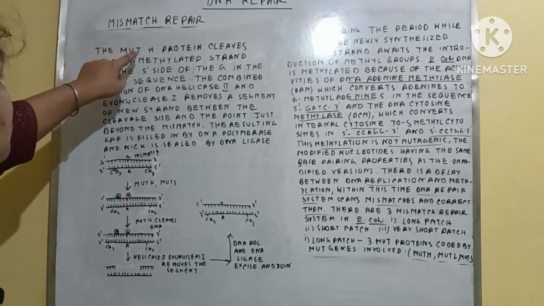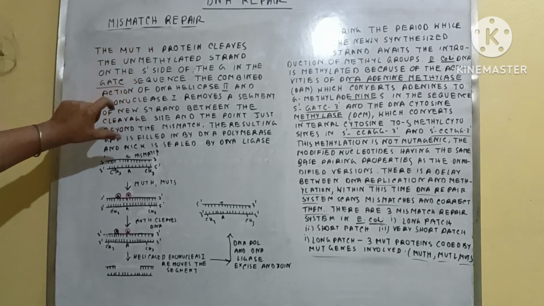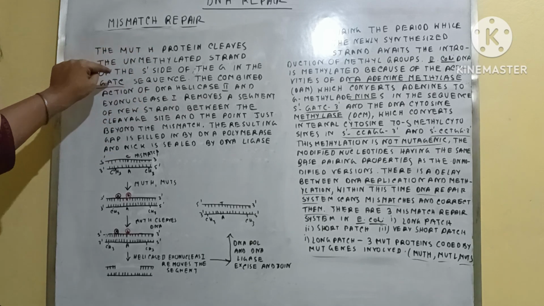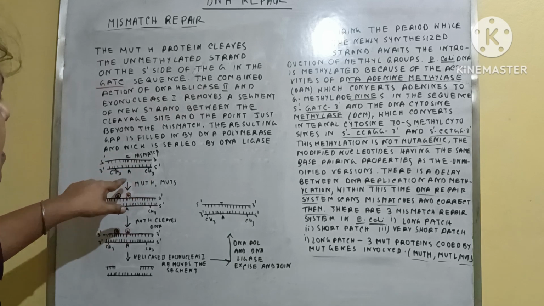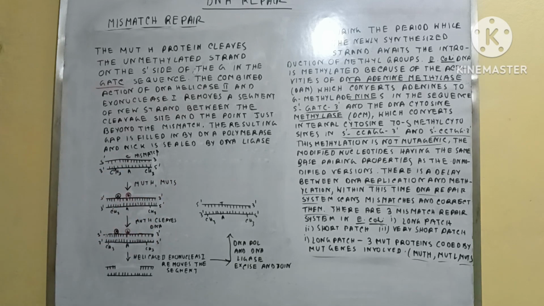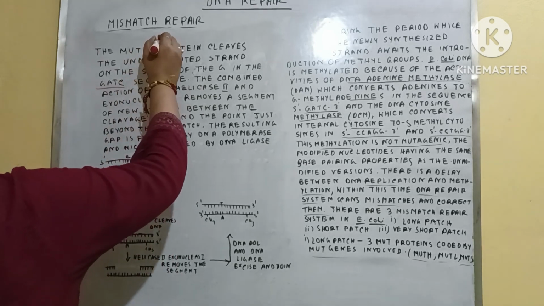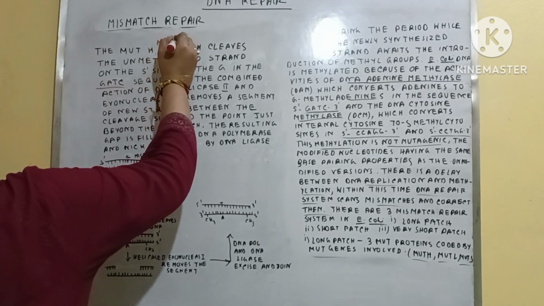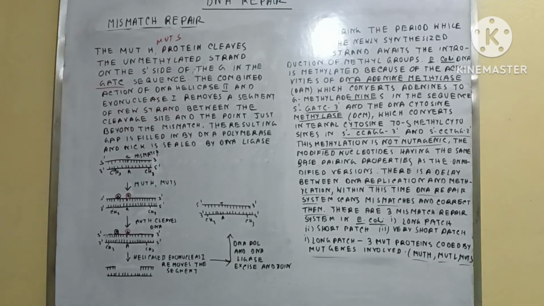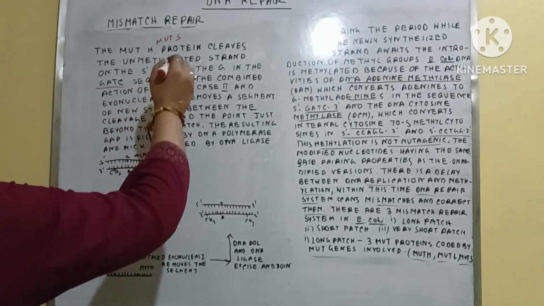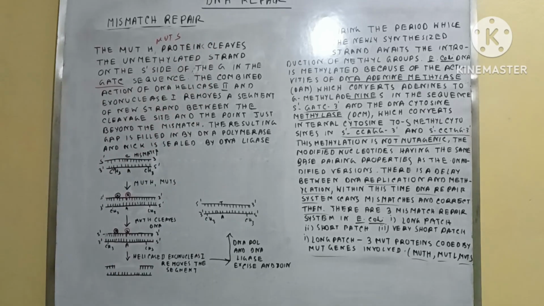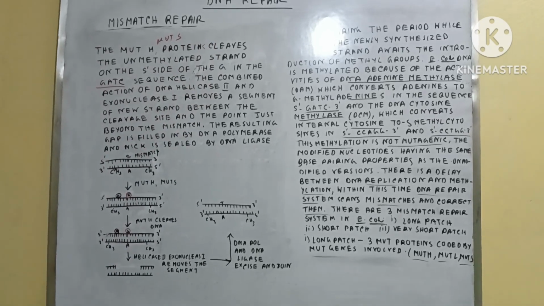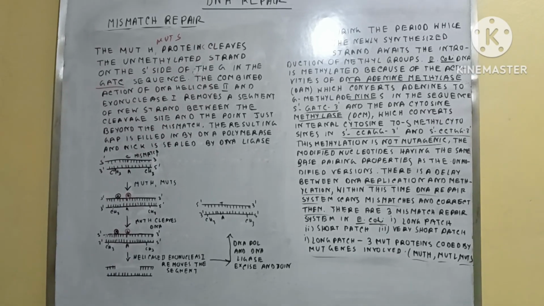Okay, here MutH and MutS both are involved in this cleaving process. These two proteins generally cleave the unmethylated strand on the 5 prime side of the G.